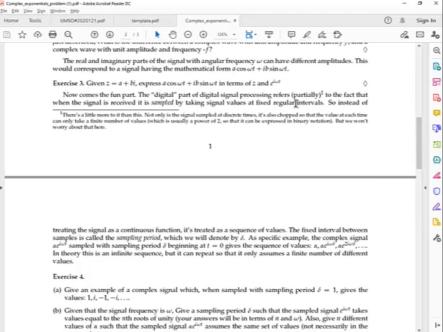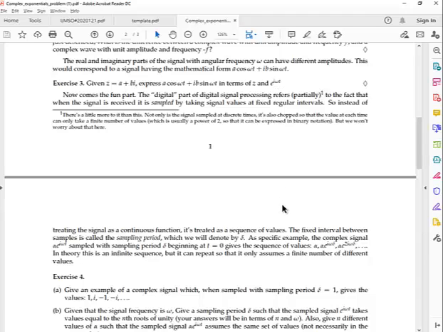We take the function and take samples. So if I have e to the i omega t, and I sample it with sampling period delta, well, when t equals 0, I get e to the 0, which is 1. When t is delta, I get e to the i omega delta. When t is 2 delta, I get e to the 2 i omega delta.